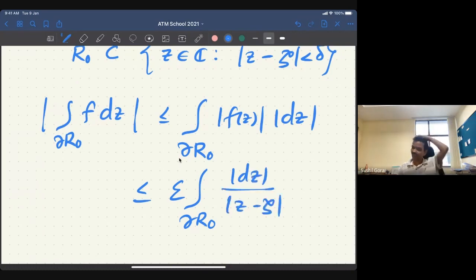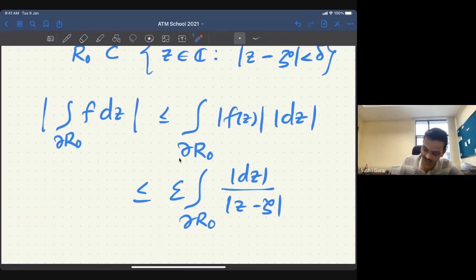Now this was a tutorial exercise. Have you done it? How is this integral bounded, by what? Do you remember there was an exercise in the tutorial?